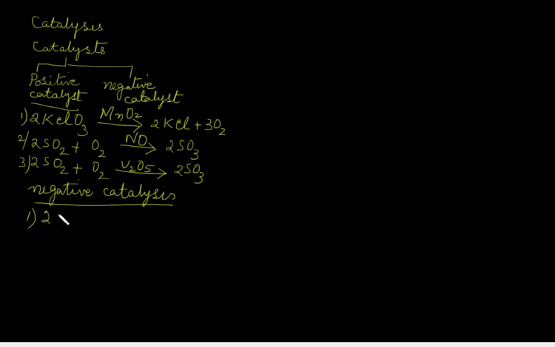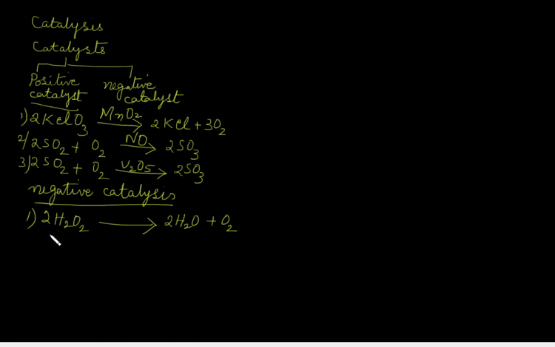Hydrogen peroxide undergoes dissociation to produce water and oxygen. This results in wastage of hydrogen peroxide, which is a very useful reagent in the laboratory.